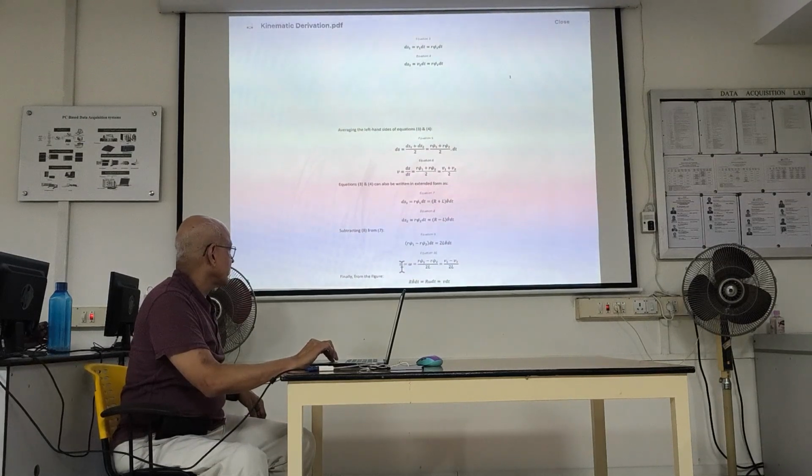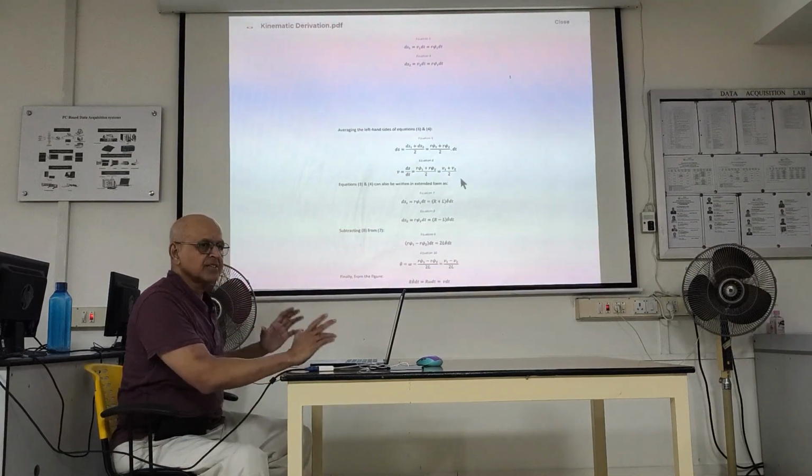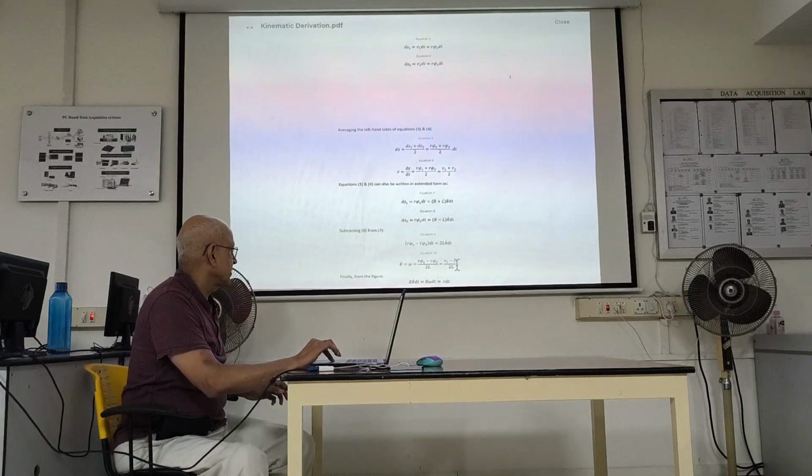And then I solve for theta dot, which is R51 dot minus R52 dot by 2L. dt cancels. And what is R51 dot? It is V1. What is R52 dot? It is V2. So this is the second equation. So this is the kinematic model. V equals V1 plus V2 by 2, and theta dot, which is the same as omega, is V1 minus V2 by 2L.